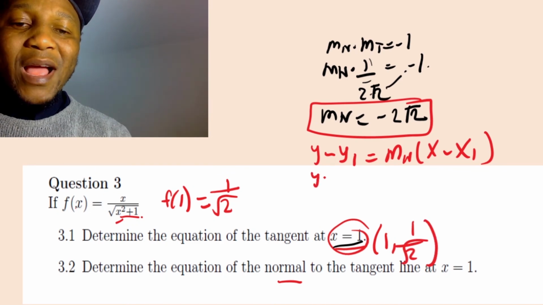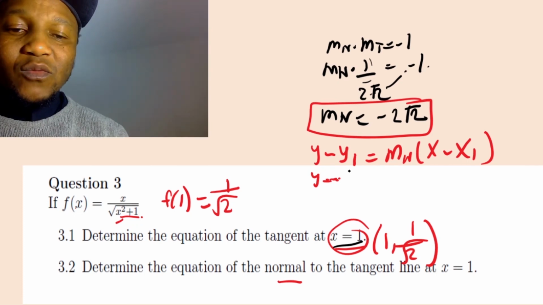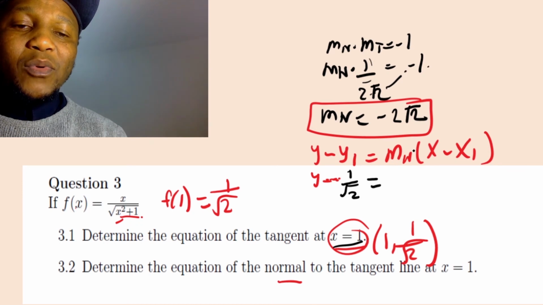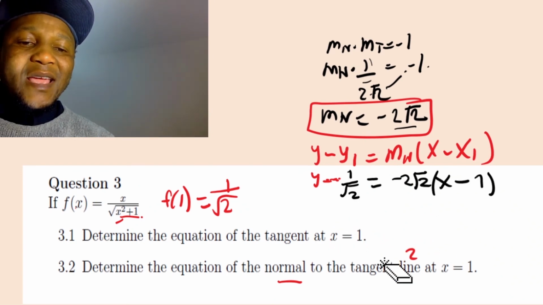So now we say y minus y1, which is 1 over 2 square root of 2, equals the slope of the normal, -2 square root of 2, times x minus x1, which is 1. We can simply simplify and get the equation of a normal.